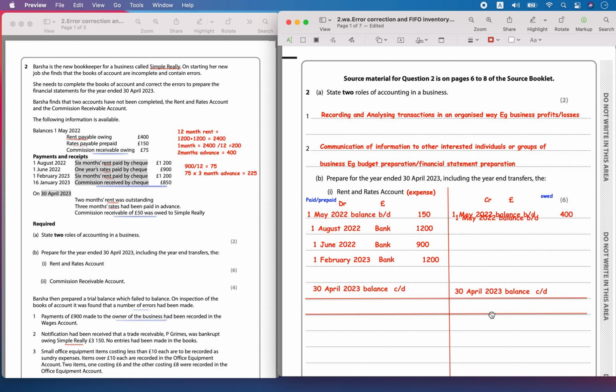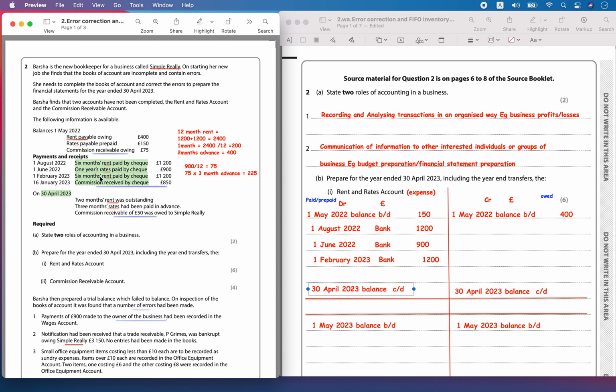So this is true even for the opening balances on May 1st. So let's include it. So the thing is, they have paid 6 months and 6 months by check. So 12 months by check, that is equal to 2400.